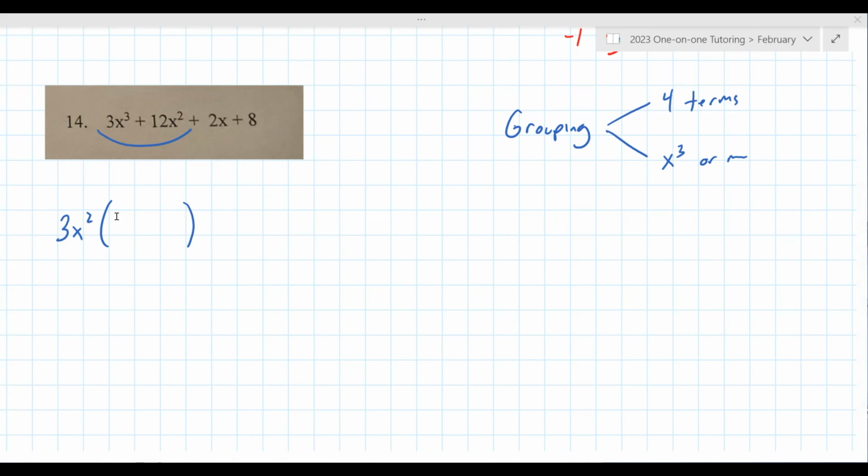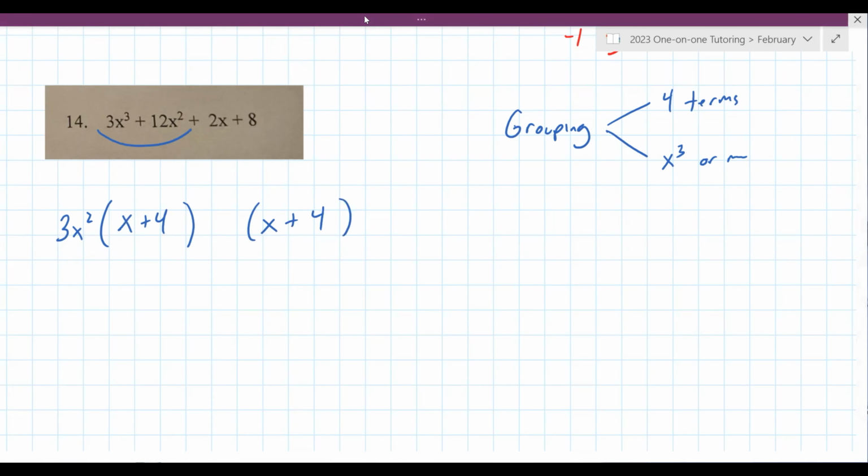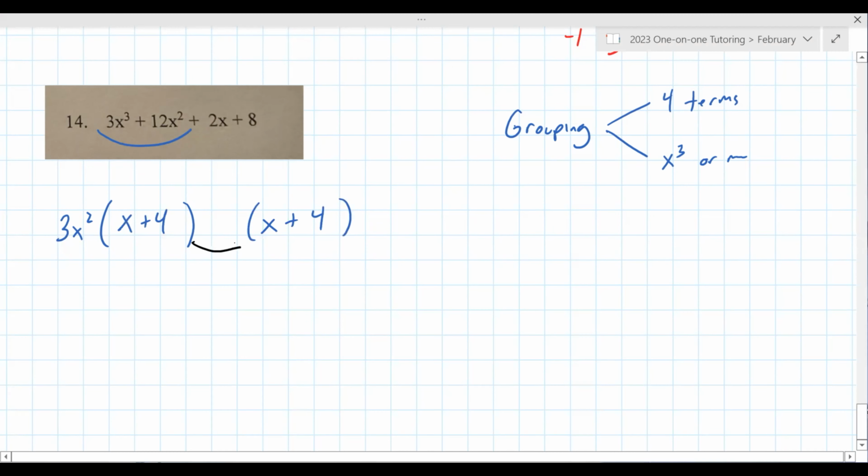X plus 4. Good. And then you immediately write that over here off to the right, x plus 4. What goes in front here such that when you multiply in, you get back to the previous line? Plus 2. Yeah, so this becomes x plus 4 times 3x squared plus 2.